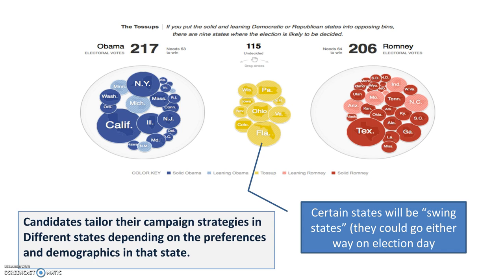So swing states are where candidates spend most of their time and most of their energy campaigning. They go to these states where they know they can hopefully pull people to their side, win that state, and win those points on the Electoral College map.